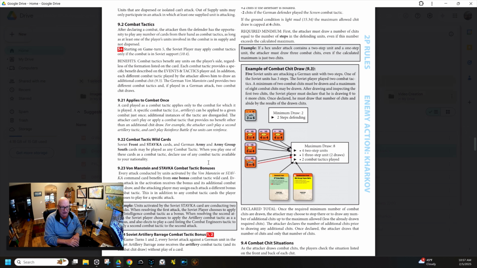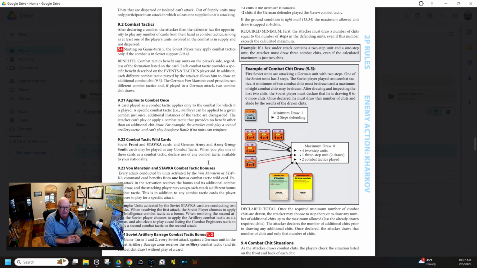Every attack conducted by units activated by the von Manstein or Stavka command card benefits from one bonus combat tactic wild card. Every attack in the activation receives the bonus and its additional combat chit draw, and the attacking player may assign each attack a different bonus combat tactic.